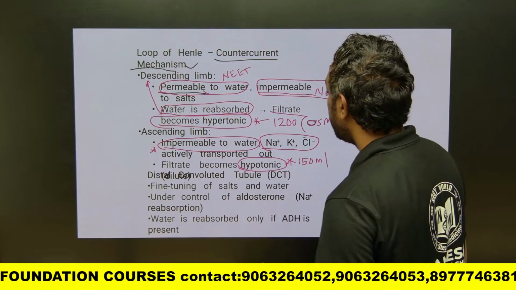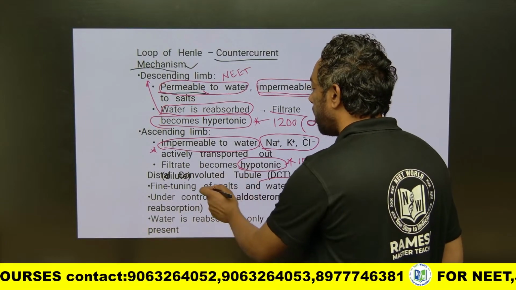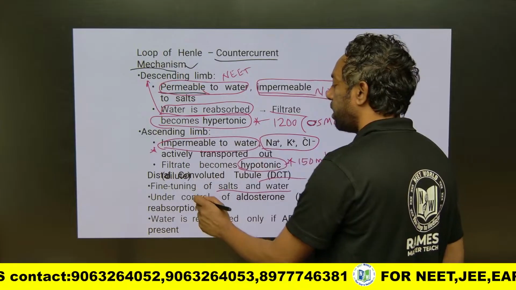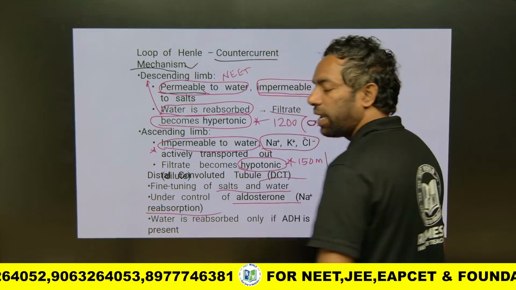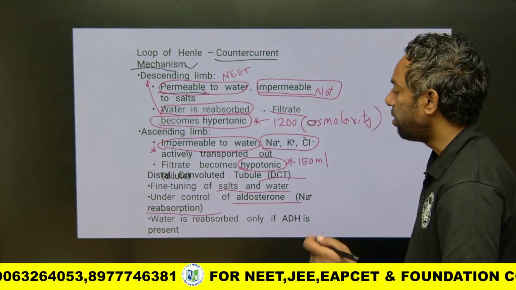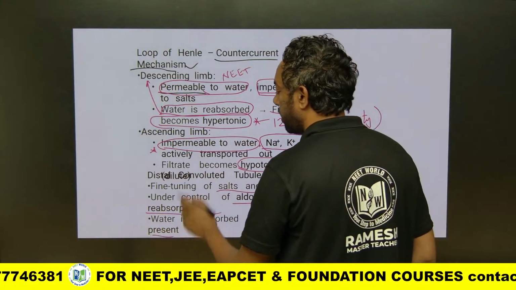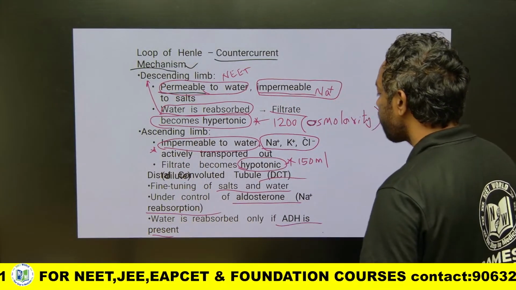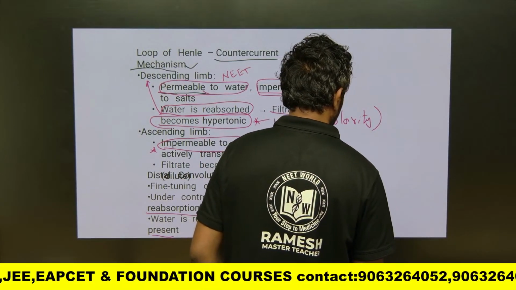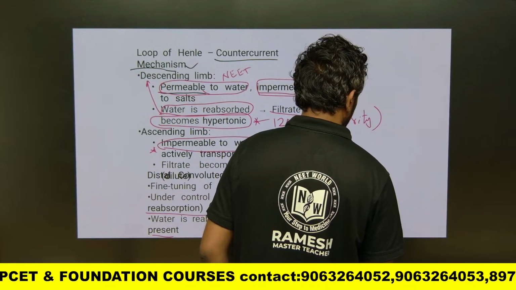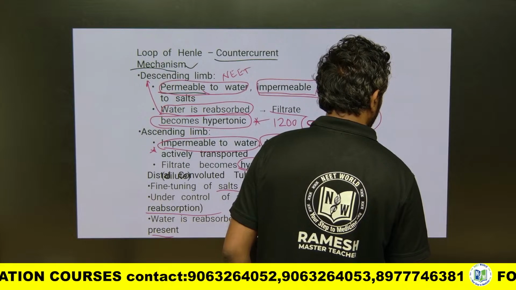Next, the DCT, distal convoluted tubule. There is a fine tuning of salts and water under the control of aldosterone. Aldosterone causes Na reabsorption, and water is reabsorbed only if ADH is present. This is important. Aldosterone means NaCl, Na reabsorption.